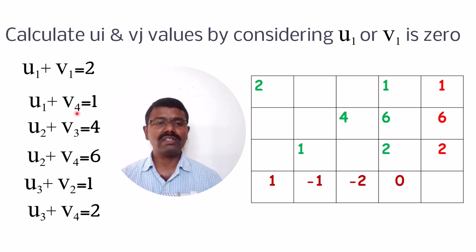Why did I consider U4 equal to 0? Because it appears in many places, so I assumed that it is 0. Then this becomes 1, 6 and 2.